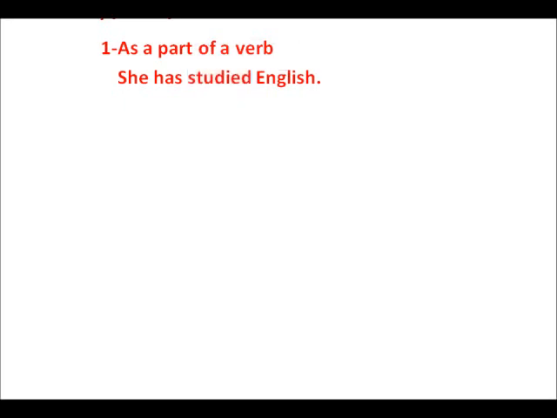Look at this example here. I can say they have watched the telly. Now watched also is a past participle, but it's a past participle that is used as a part of a verb, because the whole verb is have watched.